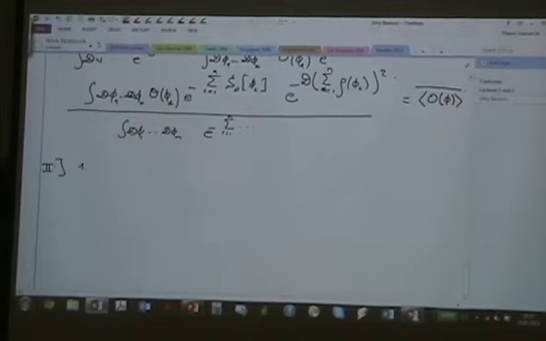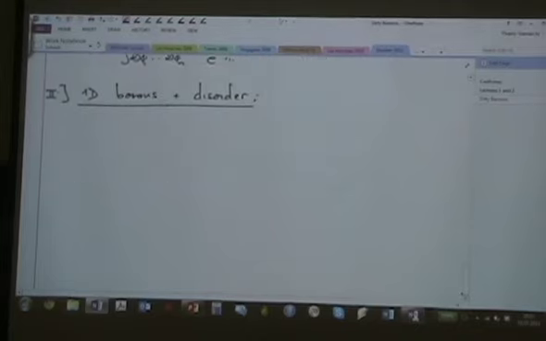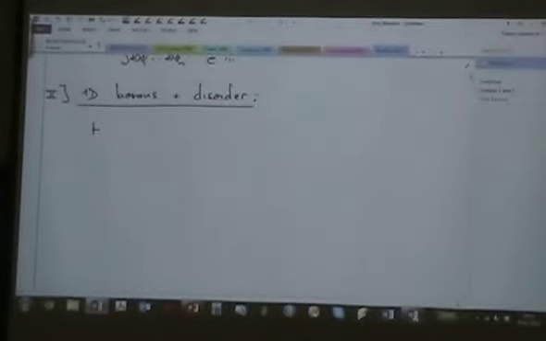One-dimensional, 1D bosons plus disorder. So, what do we want to study? We have a one-dimensional Hamiltonian of bosons that we already saw. Let me write it like this: H kinetic plus H interaction.